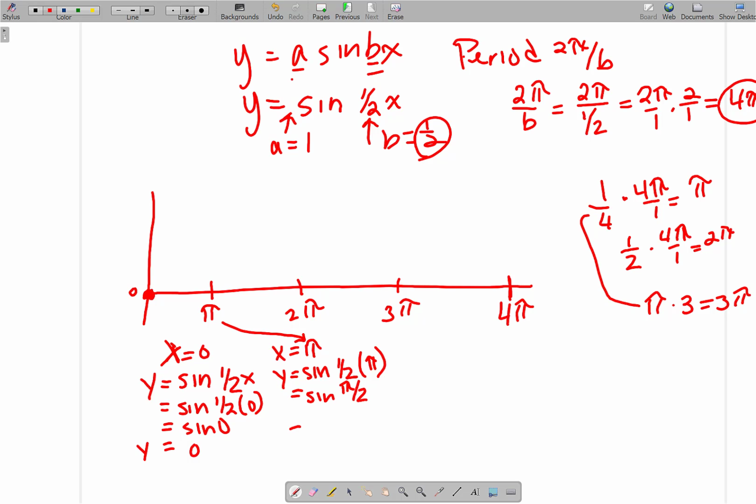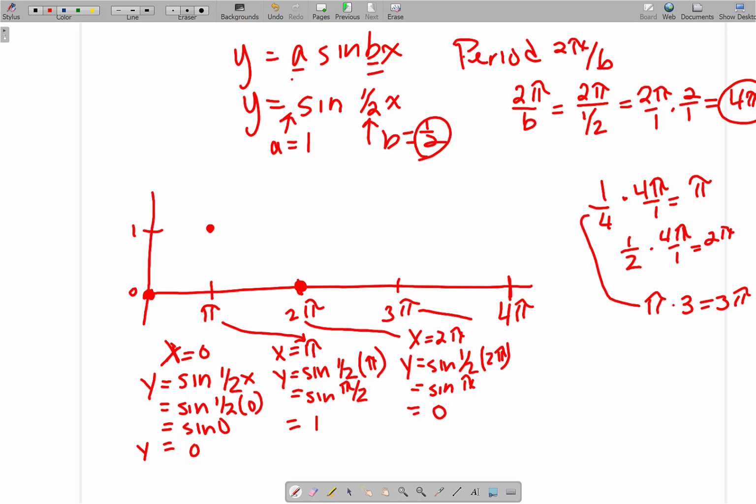And what is the sine of pi over 2? 1. So when x is pi, my value goes to 1. And then let's try the next one. When x equals 2 pi, y would equal the sine of 1/2 times 2 pi, which equals the sine of pi, which equals 0. So we're back to 0 at 2 pi.